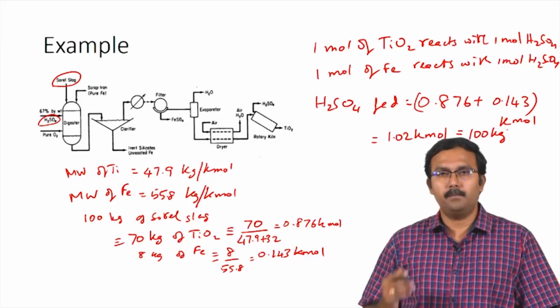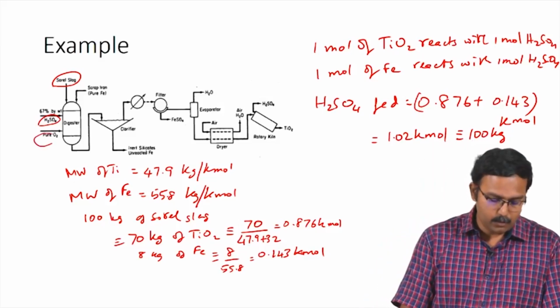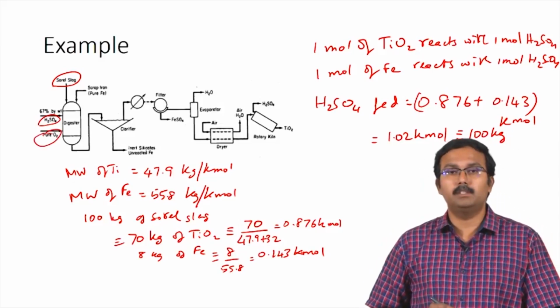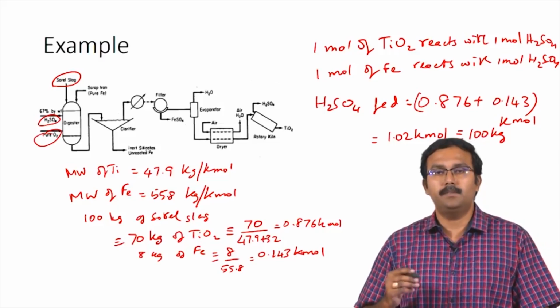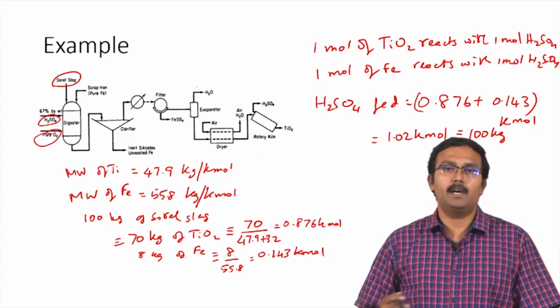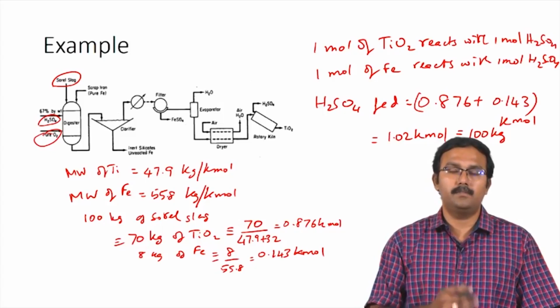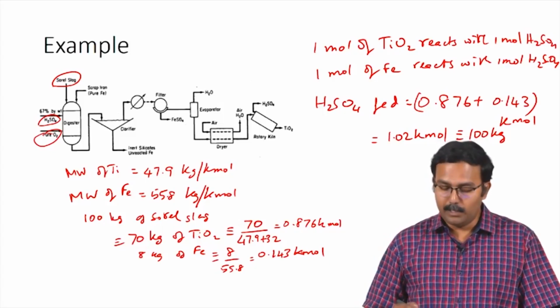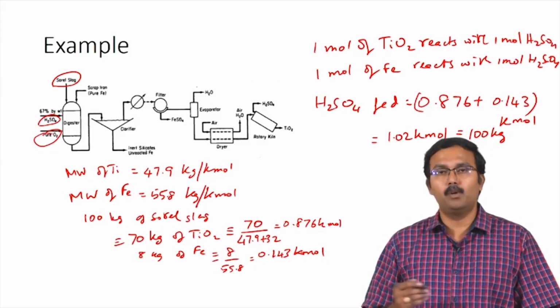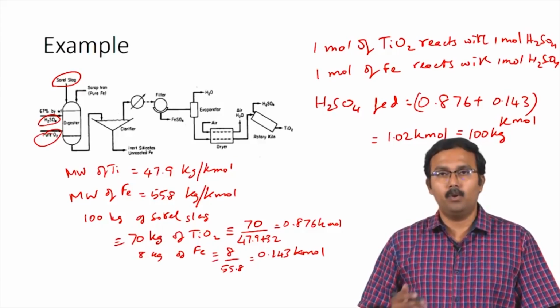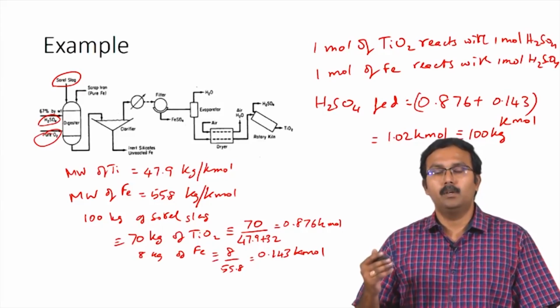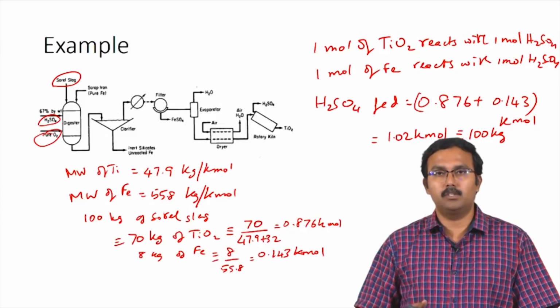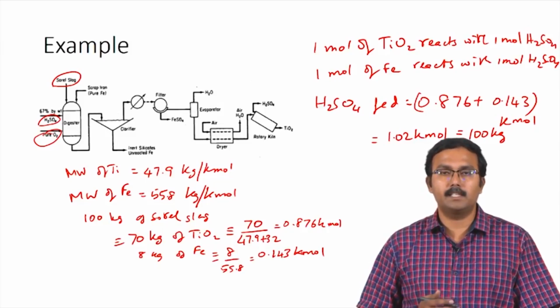We also know that pure oxygen is fed. So, we need to calculate how much of pure oxygen is fed. Pure oxygen is fed at the theoretical requirement of iron, which is fed through the sorrel slag. So, we know that 0.143 kilomoles of iron is fed, and 1 mole of iron reacts with half a mole of oxygen based on the stoichiometry of the reaction given.